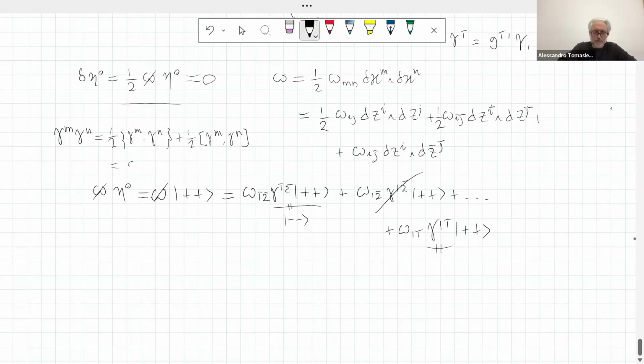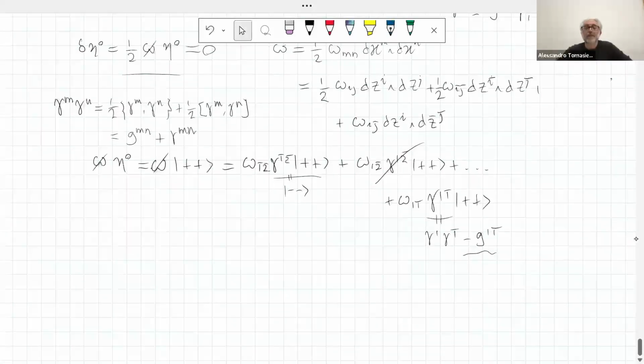The anti-commutator just gives Gmn. The commutator gives us what we called gamma mn. So conversely, gamma mn is gamma n minus Gmn. So here we have a gamma 1 bar, and this does kill plus plus because there is one creator here, gamma 1. However, there is also this extra term, minus G11 bar. And this does not give 0.